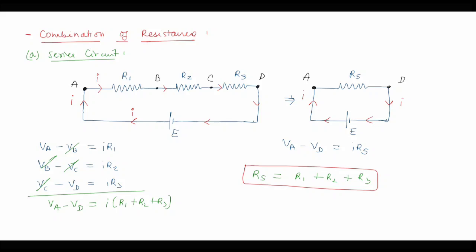Now we discuss the parallel combination, or the parallel circuit. For the parallel combination, we are considering that the resistances are arranged across two terminals having the same potential difference, but the current flowing through them may be different.